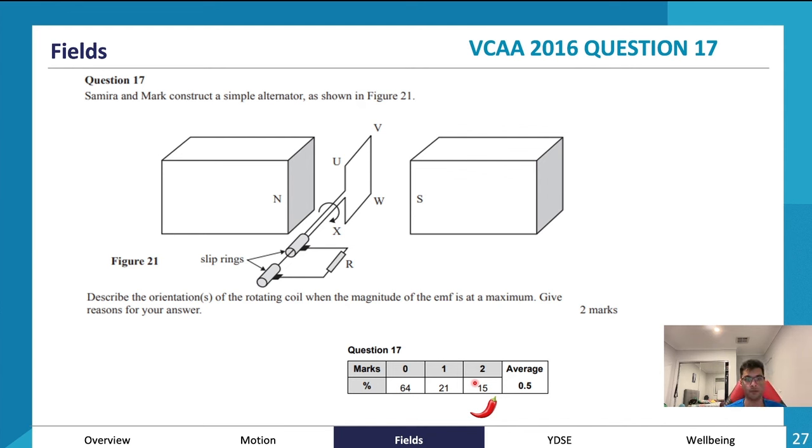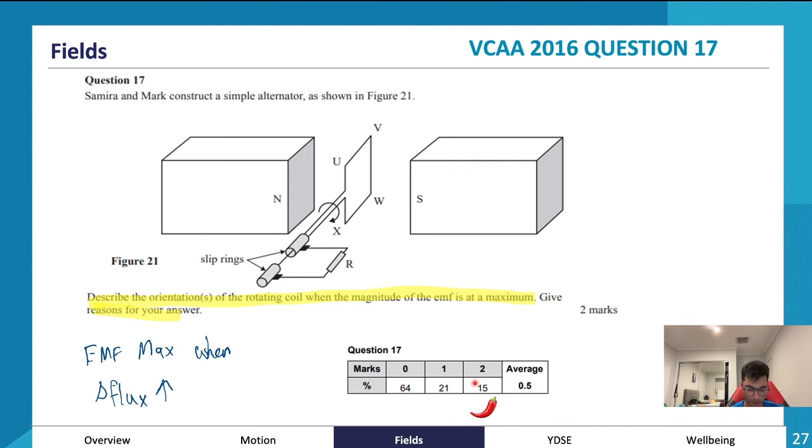So we have some coil, and we have to describe the orientation of the rotating coil such that the magnitude of EMF is at its maximum. So we know EMF is the maximum when change in flux is the greatest.